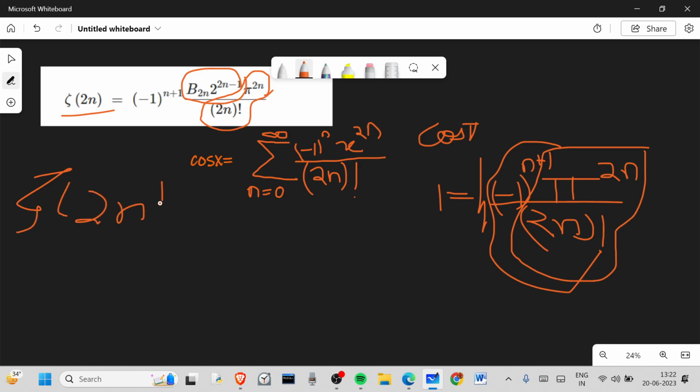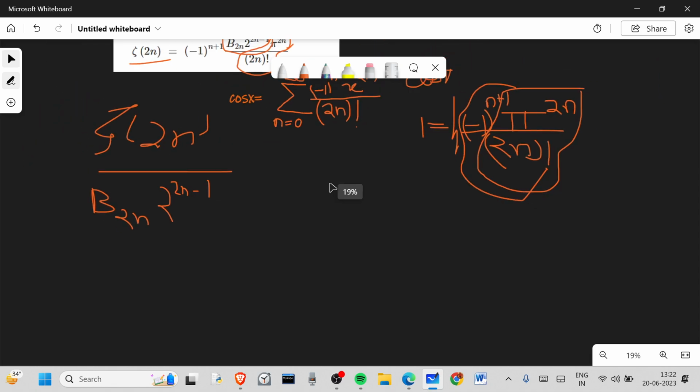Zeta at 2n by Bernoulli at 2n, 2 to the power 2n minus 1. This all goes up till here, and these terms remain now, equal to this thing, and its sigma is equal to this thing.